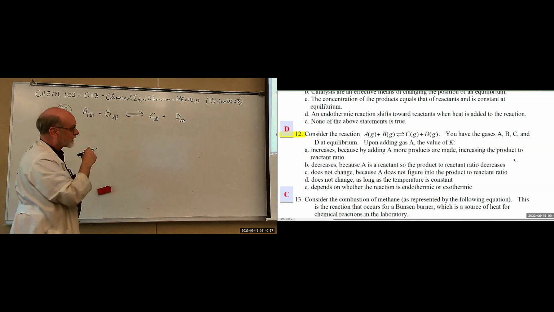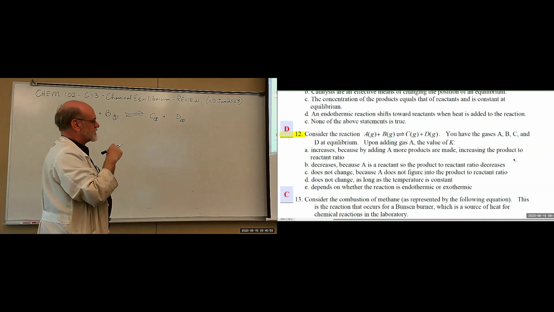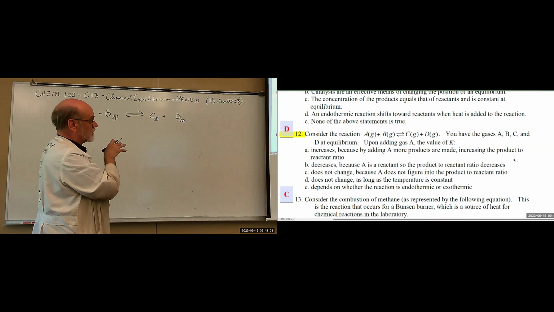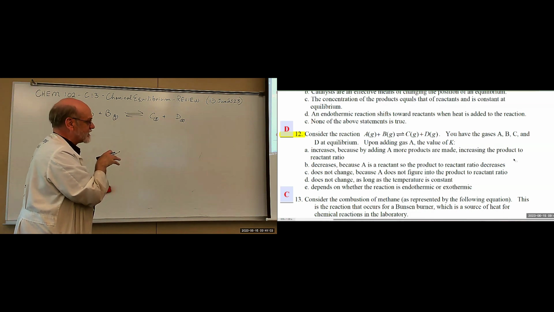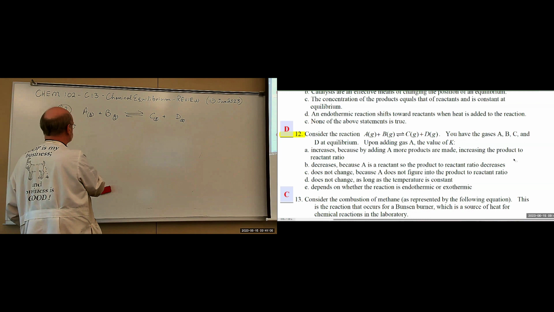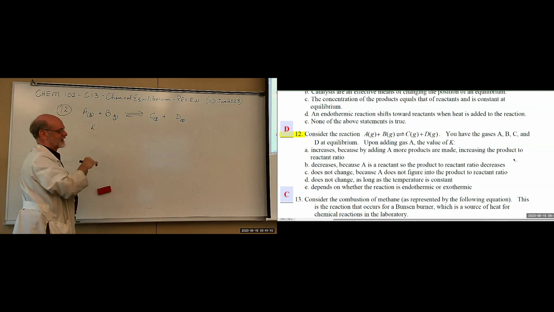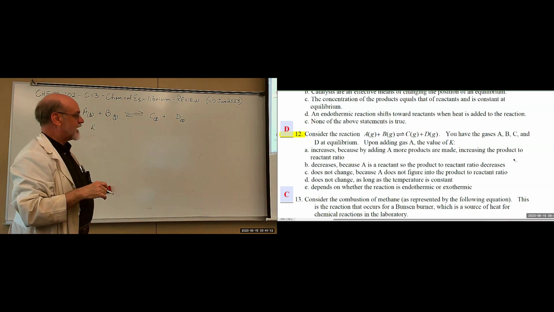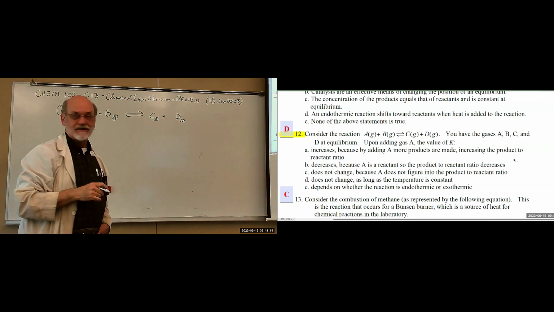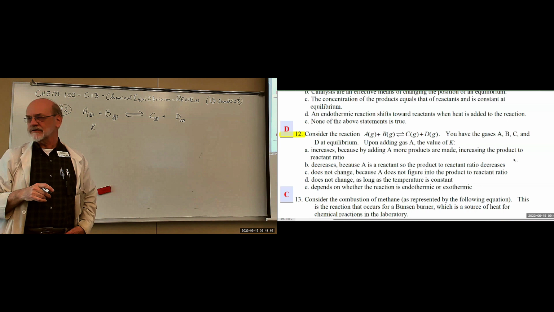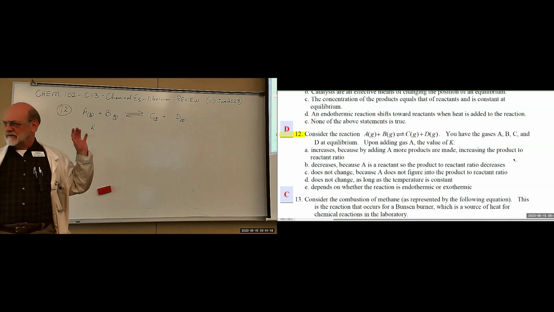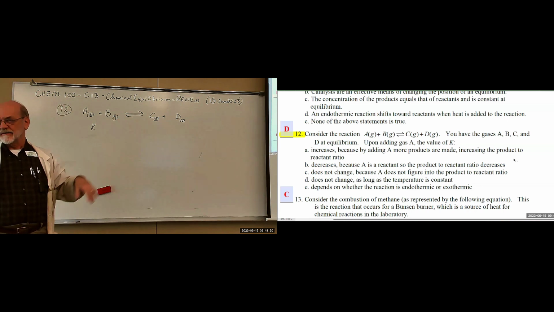All right. You have gases, and these are all at equilibrium. Upon adding gas A, the value of K, what? That's a trick question, I think. The value of K does not change as long as the temperature is constant. It's just another way of approaching an earlier question.